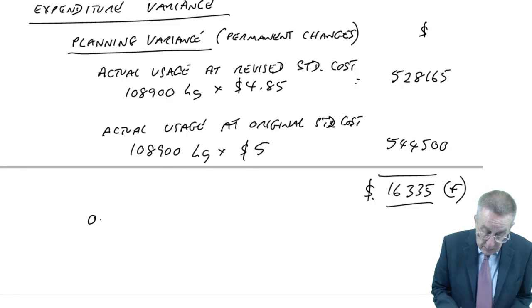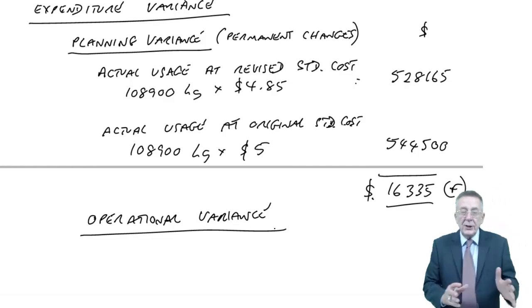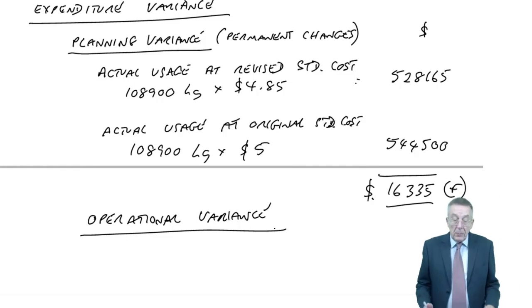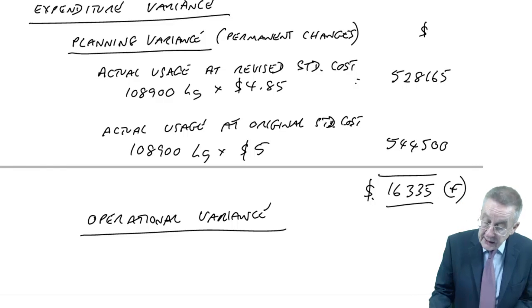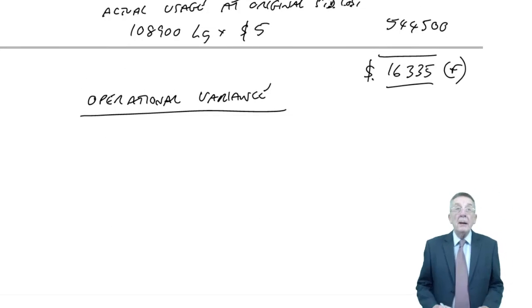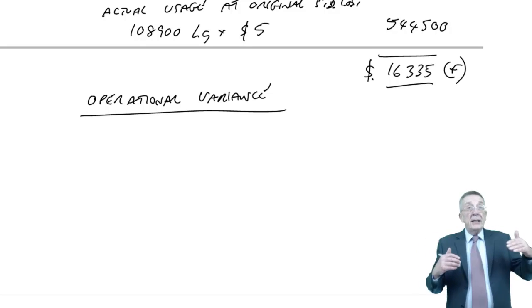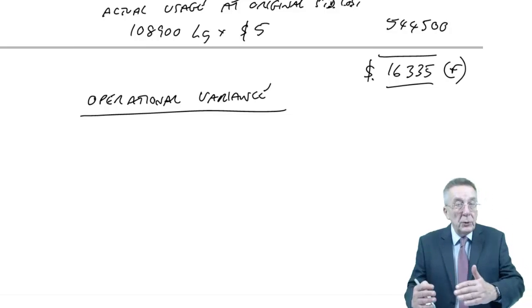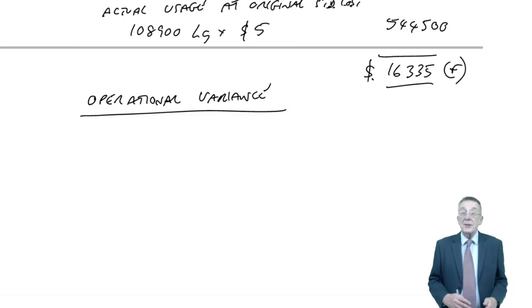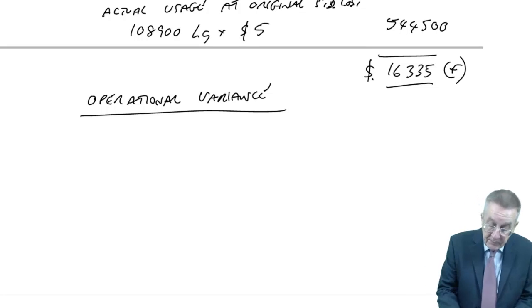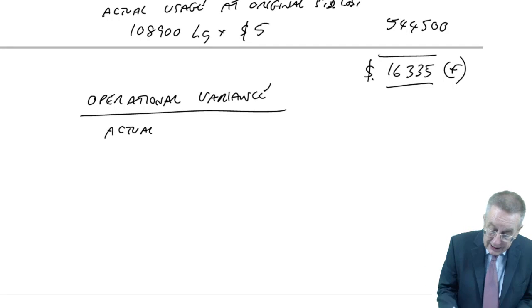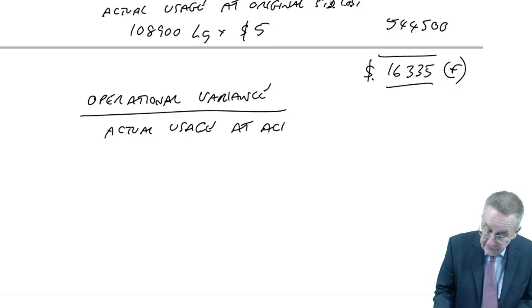The operational variance. So this is measuring the operations, the way the managers operated. And again, we work it out in exactly the normal way. But instead of comparing the actual cost with the original standard cost, we'll compare it with this new one. So it's the actual usage at actual cost.